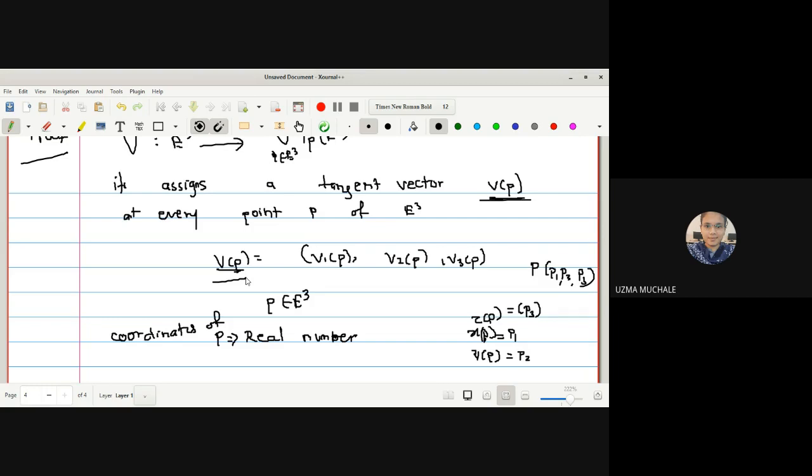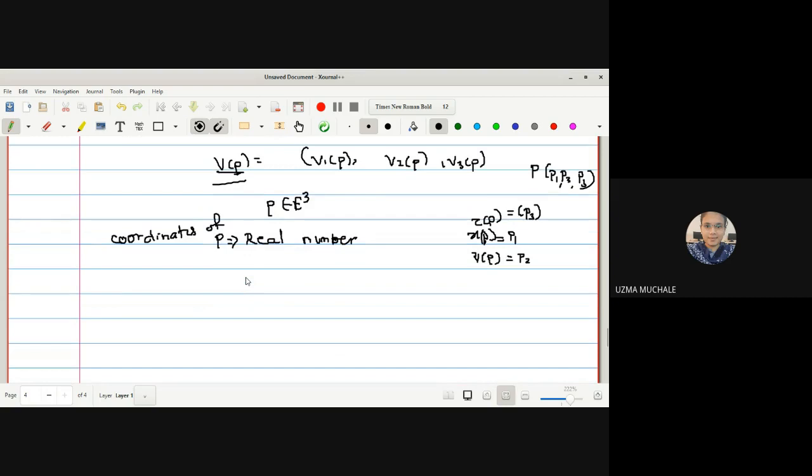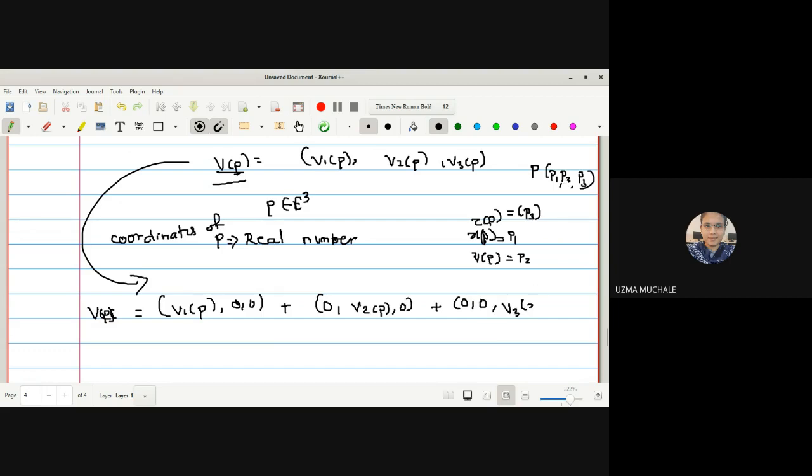Now I can write V of P in a very similar way: V of P is equal to V1 at P, 0, 0, plus 0, V2 at P, 0, plus 0, 0, V3 at a point P.